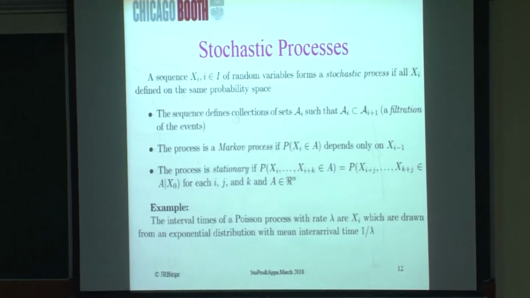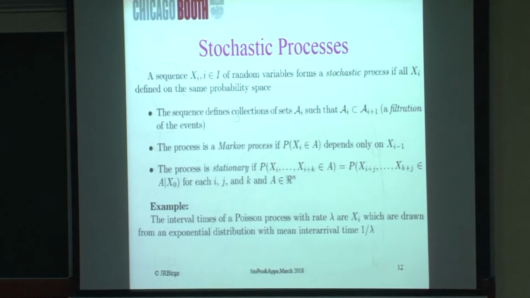Often what we think of is that they're getting more and more information over time. So if it's a sequence that's increasing, the information is increasing over time, they're actually getting refined on the set of possible omegas that they apply to. Okay, so formally, a stochastic process is a sequence of these random variables defined on a probability set.